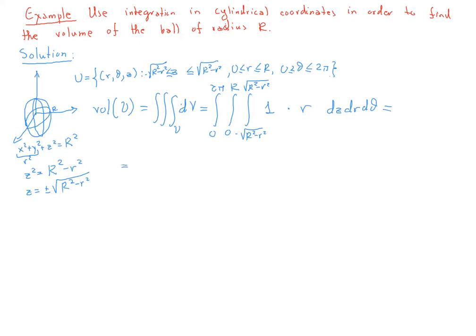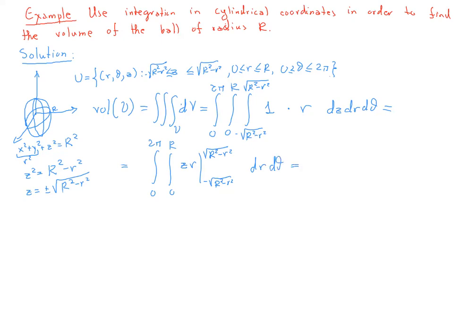And the first integration will be z, because r is constant with respect to z, and we will go from negative square root of R squared minus little r squared to square root of uppercase R squared minus lowercase r squared, then from 0 to R dr, and then from 0 to 2 pi d theta.